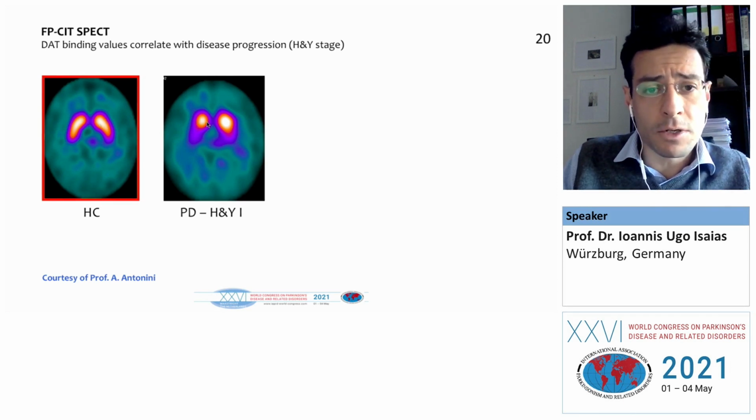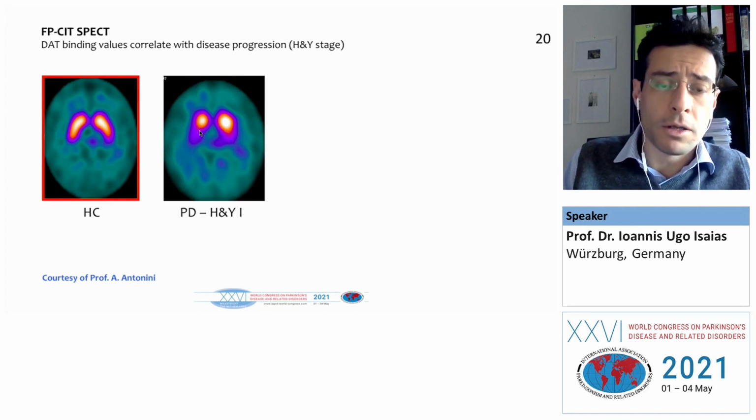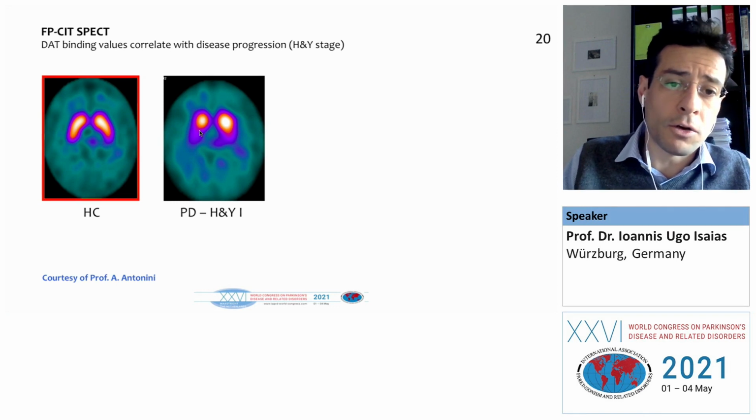And indeed, the symmetry is the first thing that is going to be lost in Parkinson's patients, with one side more dopamine depleted than the contralateral one. And this matches the clinical presentation. Also, the putamen is more involved at an earlier stage of the disease than the caudate head, the caudate nucleus.